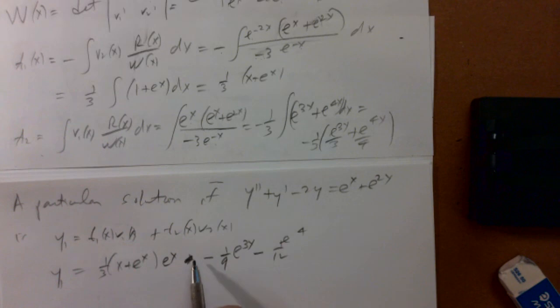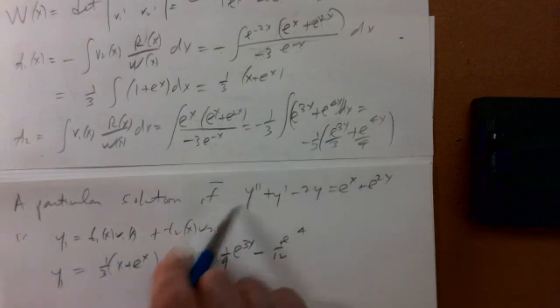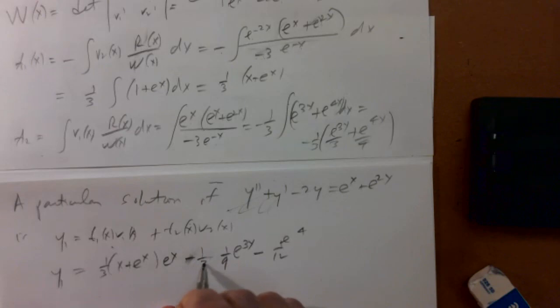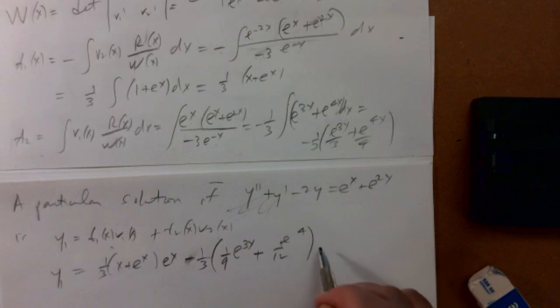I'll just write this as minus 1/3 this, times v2 of x, which is e to the minus 2x.